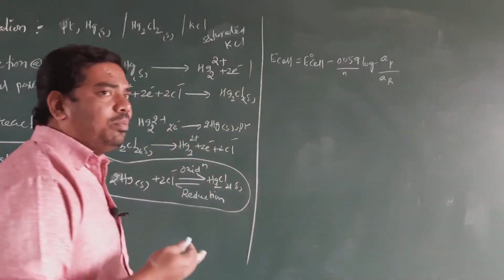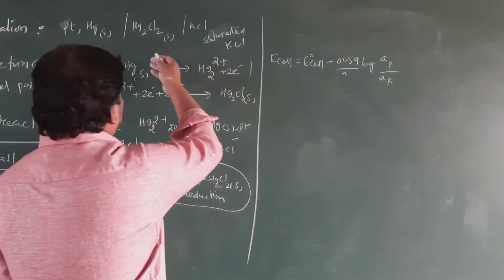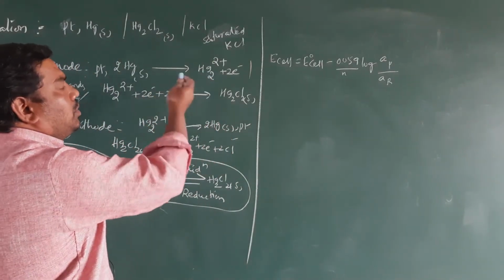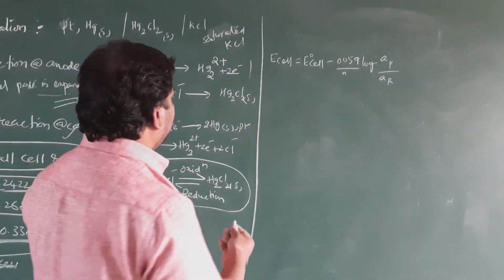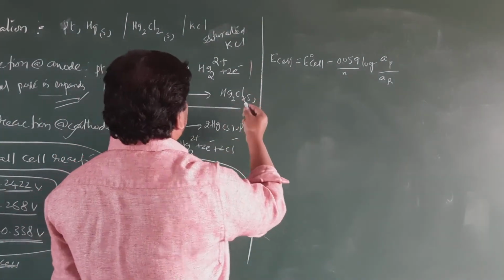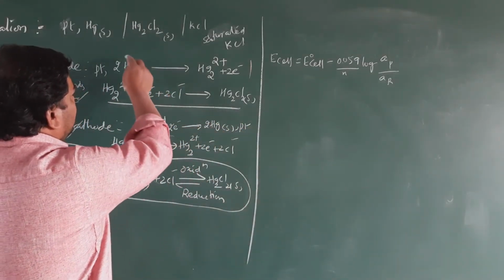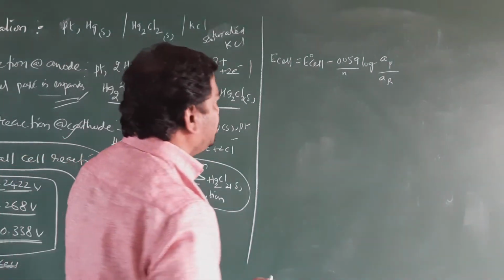Activity of products divided by activity of reactants. Right, here look at it, student. First we will apply the oxidation reaction, then the reduction reaction. So here, the oxidation reaction: Hg plus 2Cl minus gives Hg2Cl2.